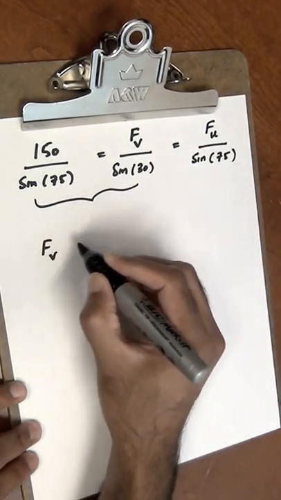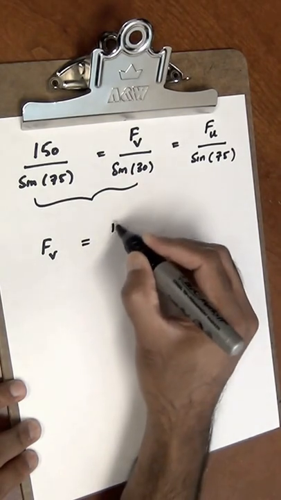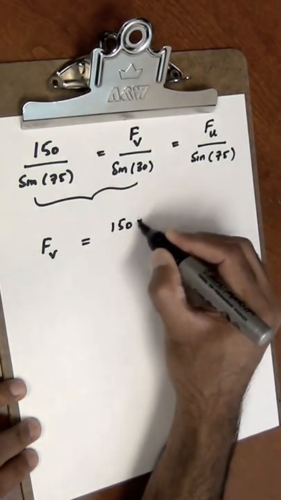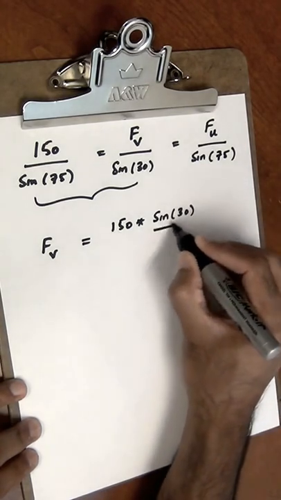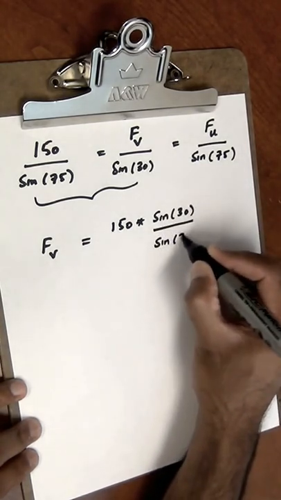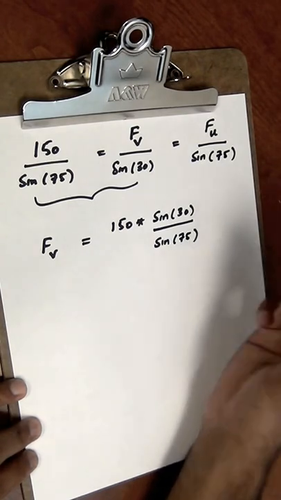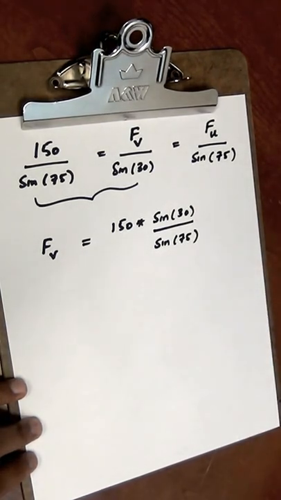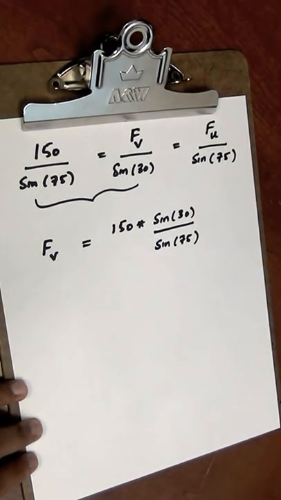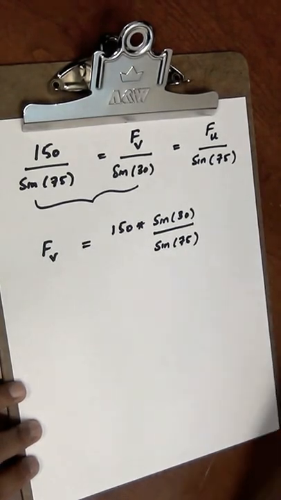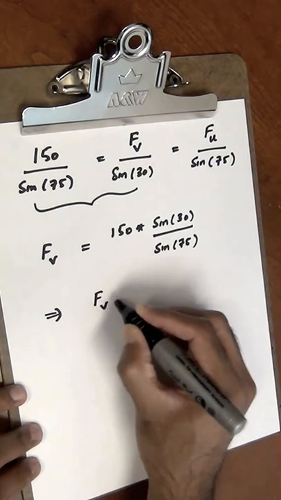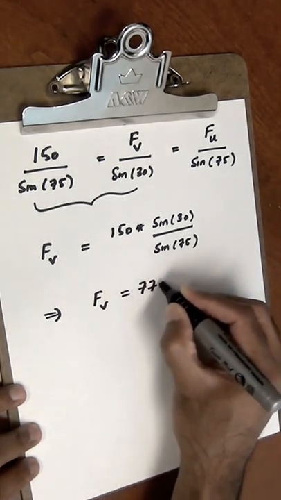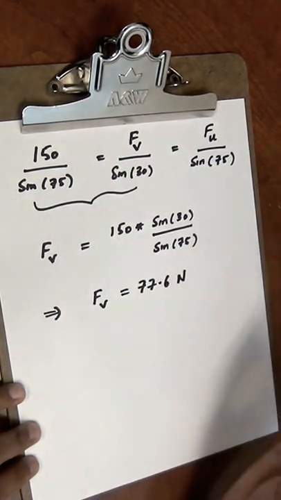I can find out that F suffix v is essentially 150 times sine 30 divided by sine 75, and once you go through the calculations, this will give you a value that is approximately 77.6 newtons. So this implies that F suffix v is 77.6 newtons.